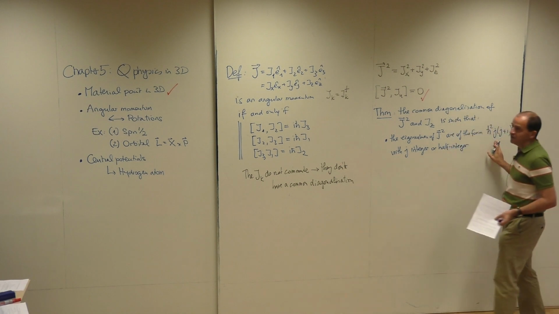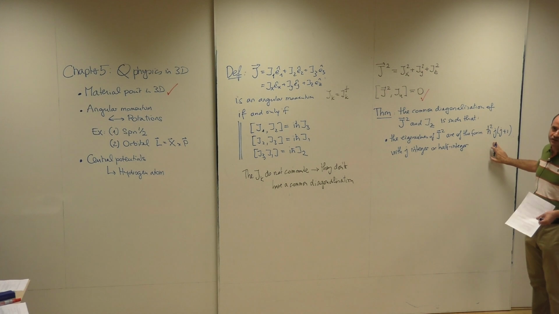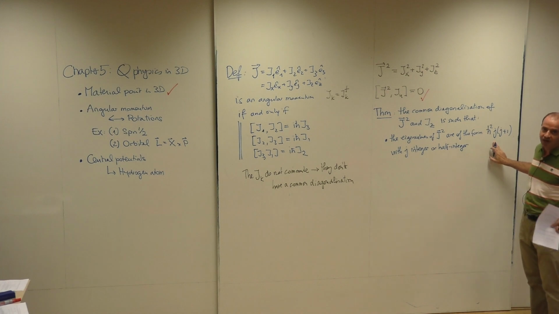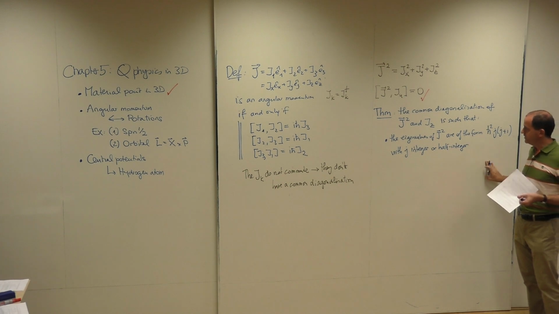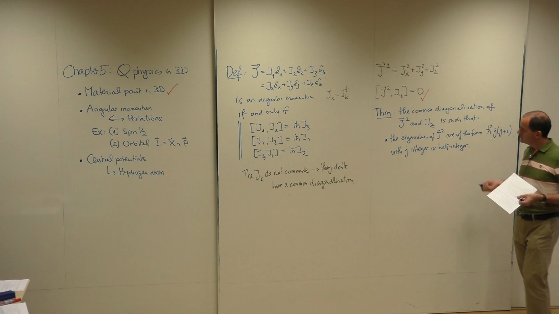It means the j can be 0, 1/2, 1, 3/2, 2, 5/2, and so on. First statement.